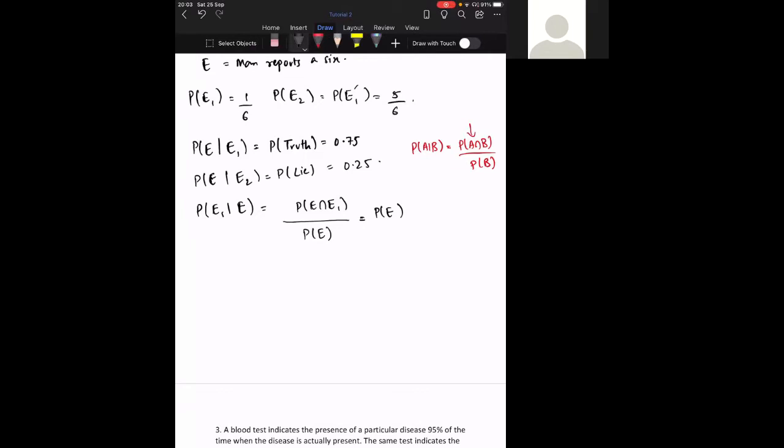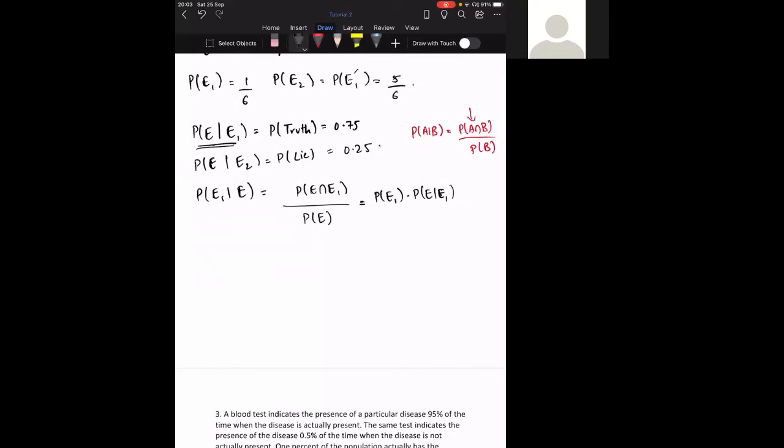We want the dice is actually a 6. The probability of E1 times the probability of E given E1, जो कि हमें ऊपर given है. What is the probability of E though?